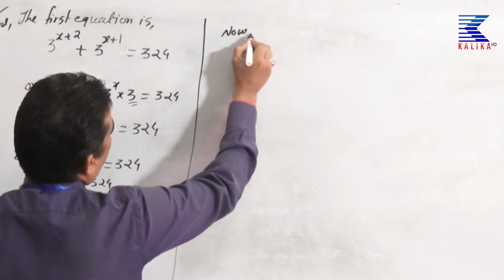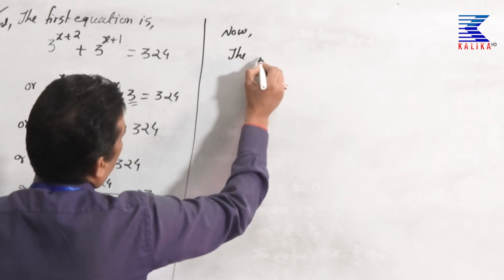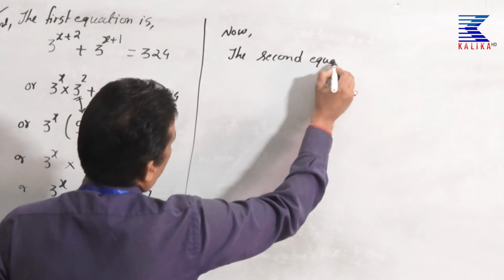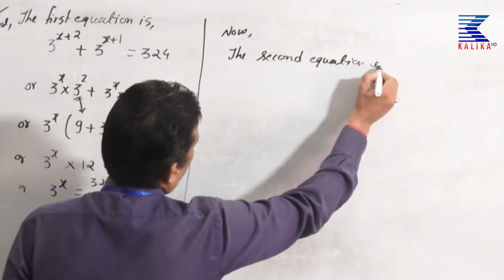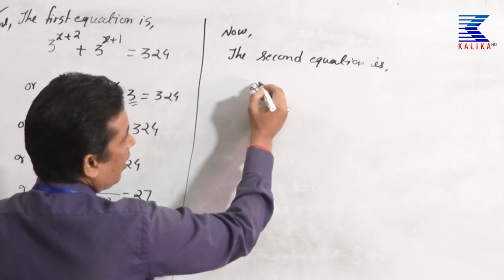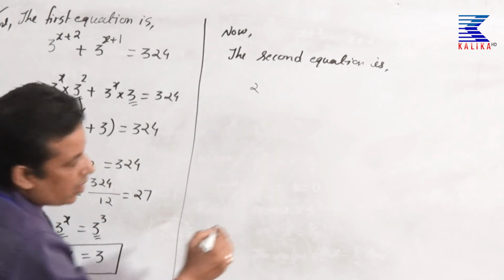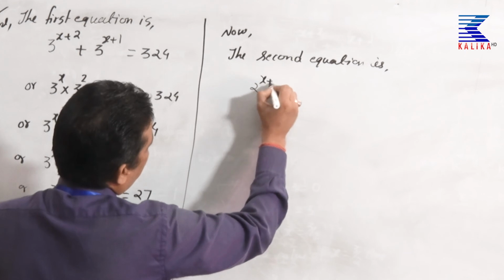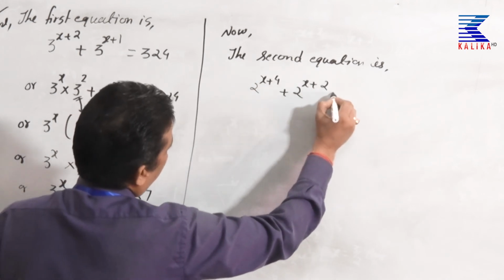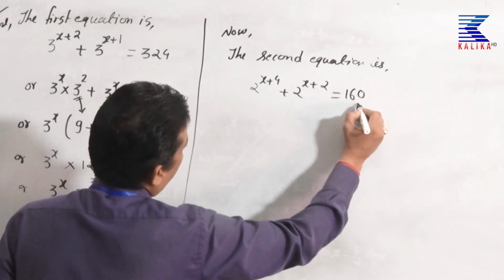Now the second equation is 2^(x+4) plus 2^(x+2) is equal to 160.